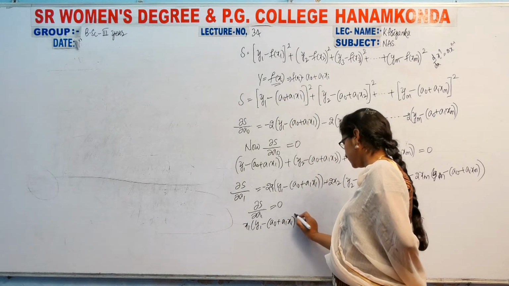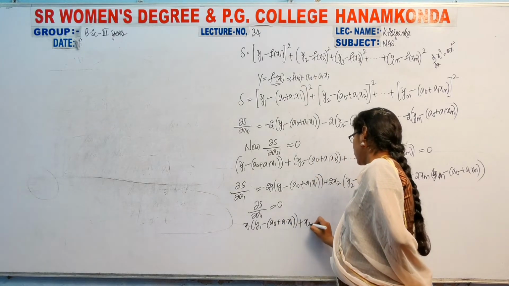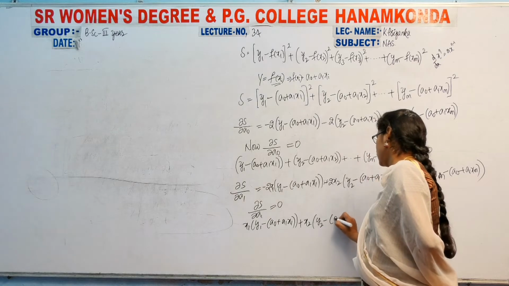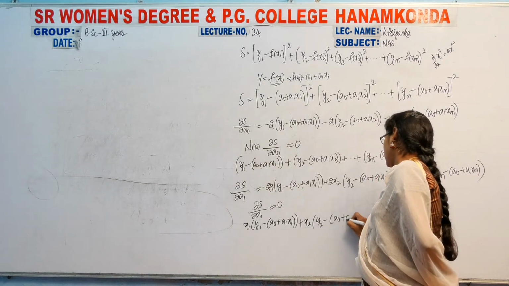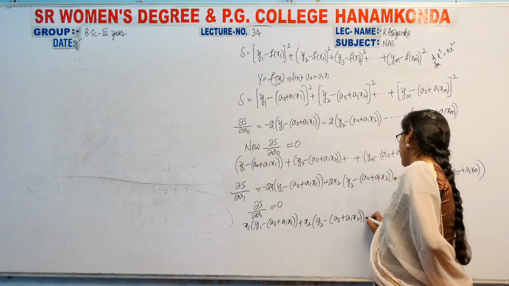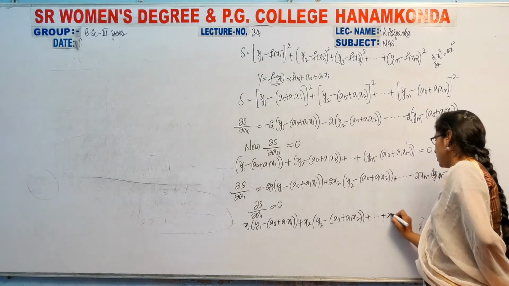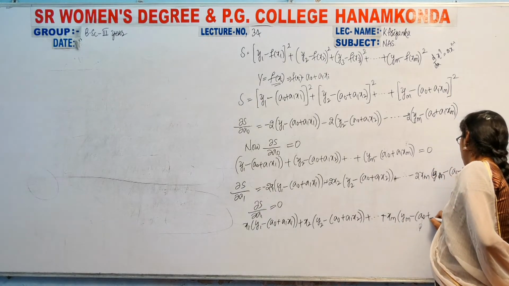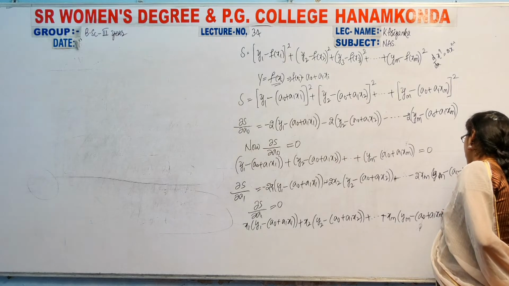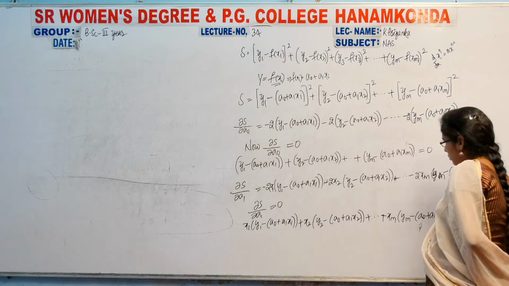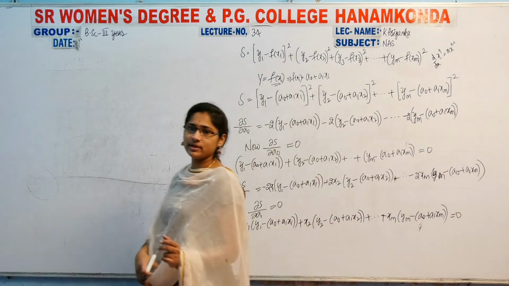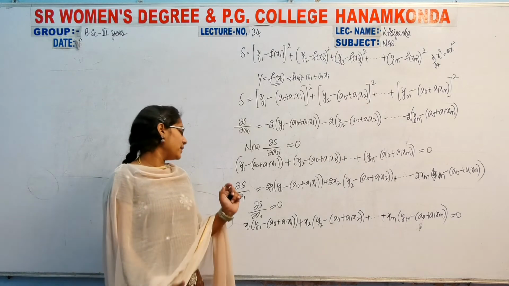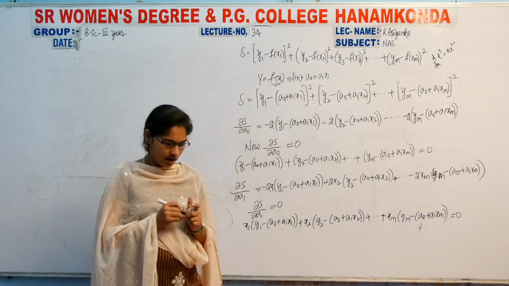Equal to 0. So from s, I calculated dou s by dou a naught and dou s by dou a1.